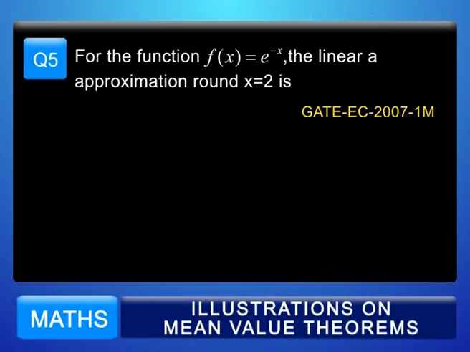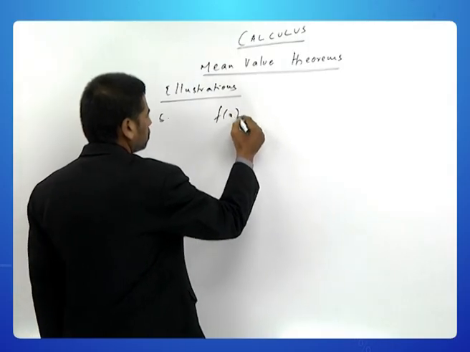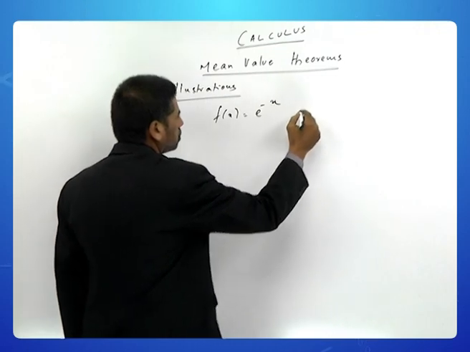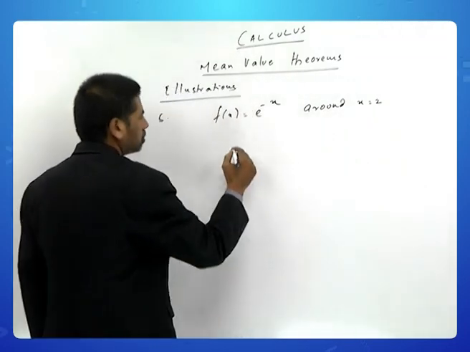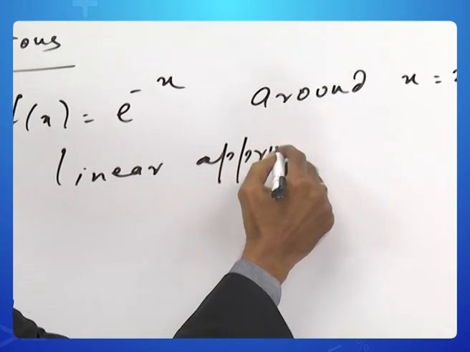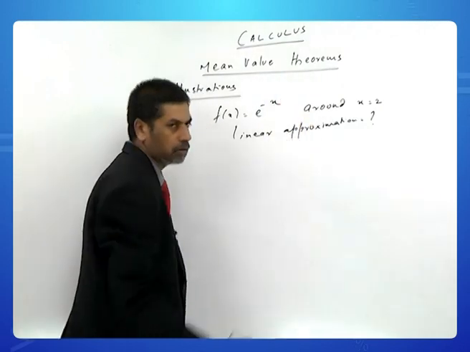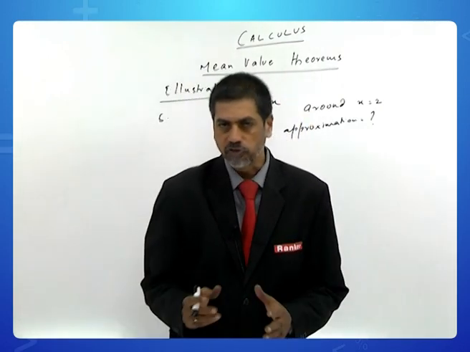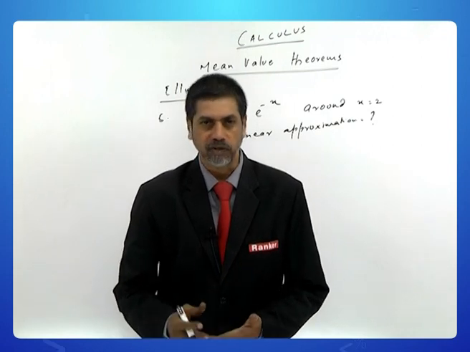Question number 5. For the function f of x is equal to e power minus x, the linear approximation around x is equal to 2 is what? So we want a linear approximation to this function. Remember, Taylor's series can be used to approximate at any level.